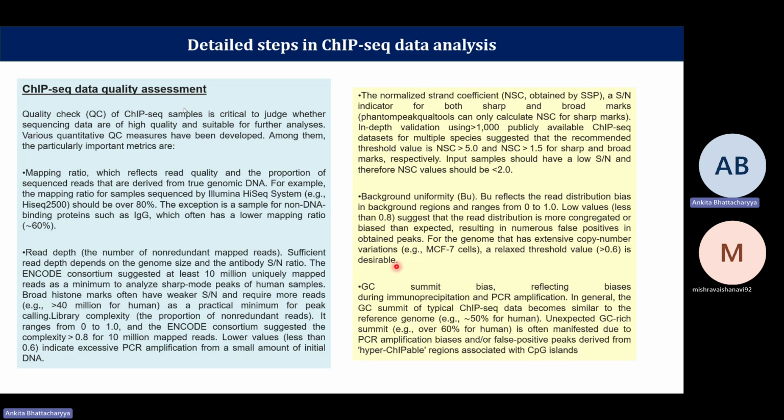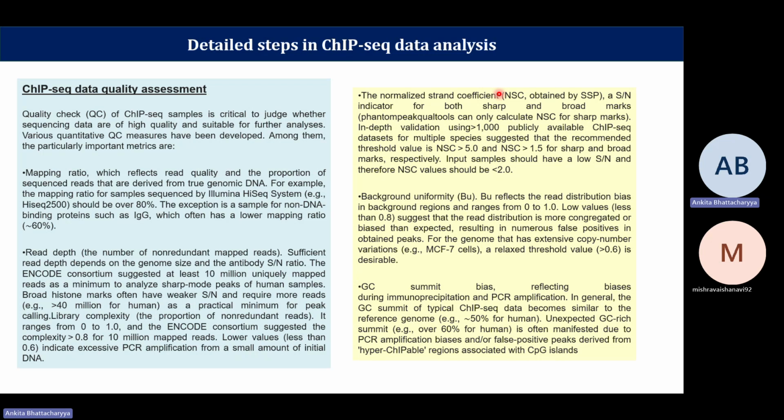The first is NSC, which is normalized strand coefficient, which is obtained by SSP, a signal to noise indicator for both sharp and broad marks. When you carry out in-depth validation using more than 1,000 publicly available ChIP-seq data sets, you would see that the recommended threshold is usually NSC more than 1.5.